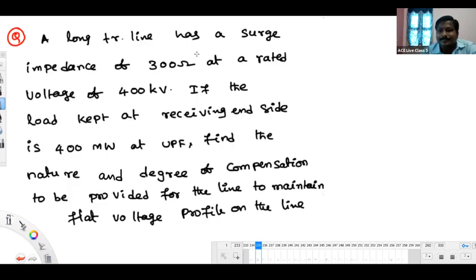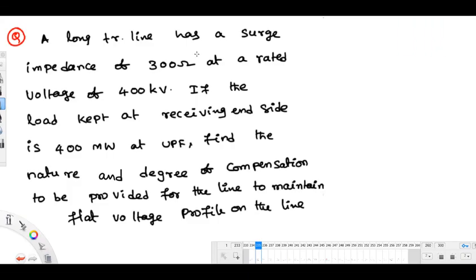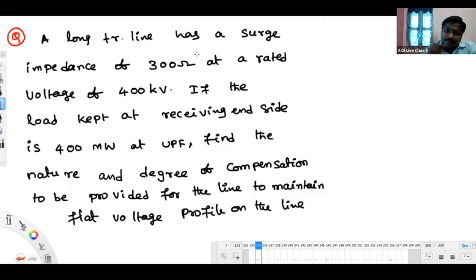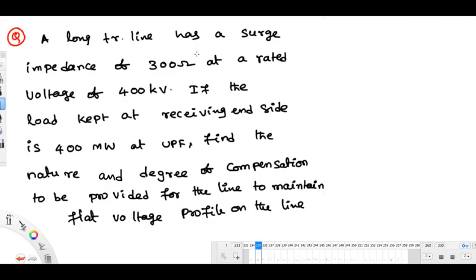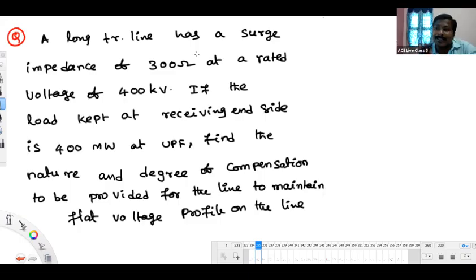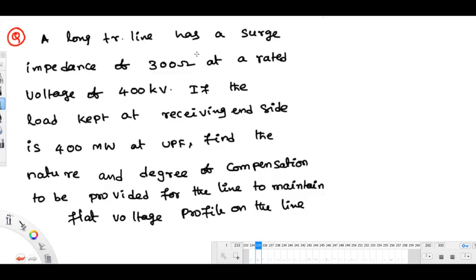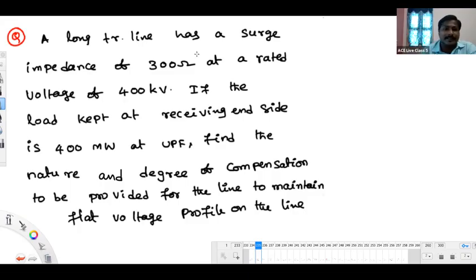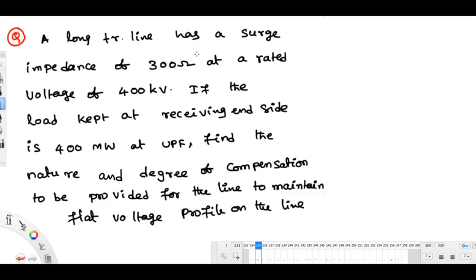Sir, yesterday you told we can use surge impedance in a lossy line also with some modification. That is characteristic impedance. The characteristic impedance of a lossless line is called surge impedance. Okay, thank you.